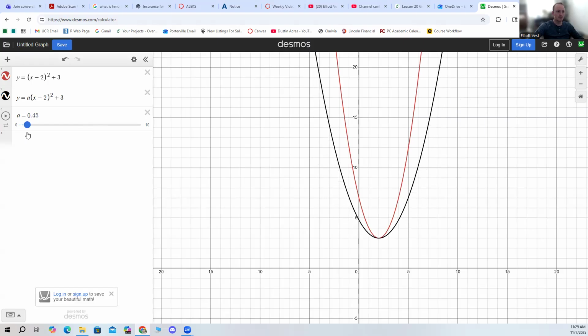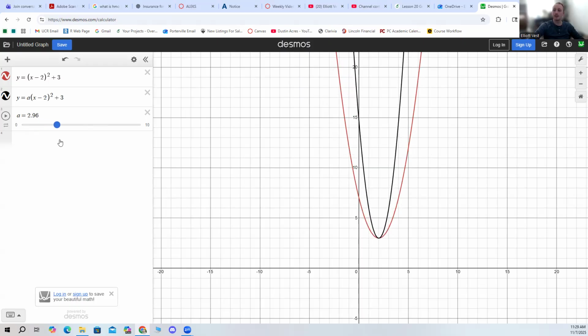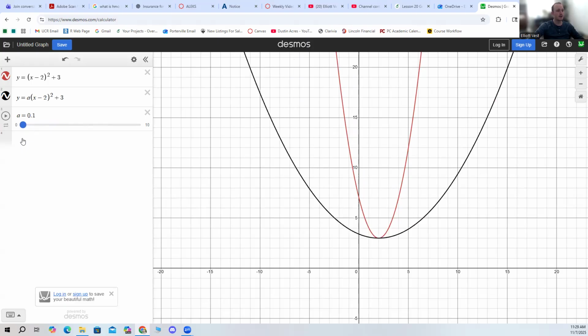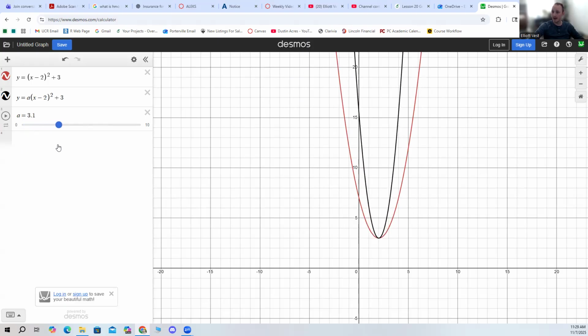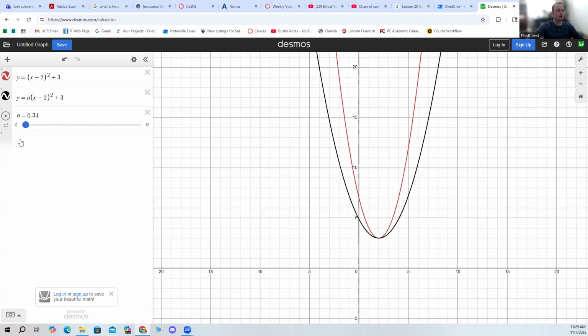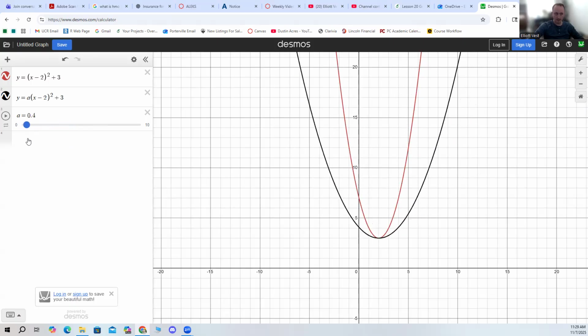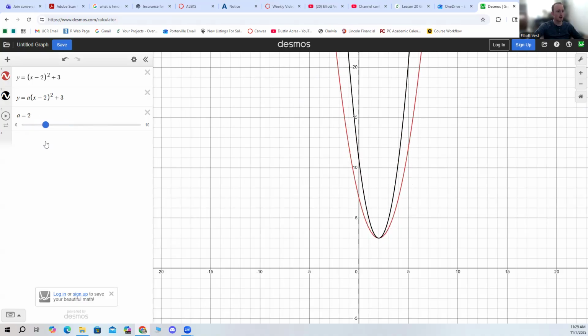But once my a gets bigger than 1, I start getting skinnier than the parent graph. That is what we want to know here. We have fatter parabolas and skinnier parabolas. These are called vertical stretches and vertical shrinks. So we're going to draw that in our notes.